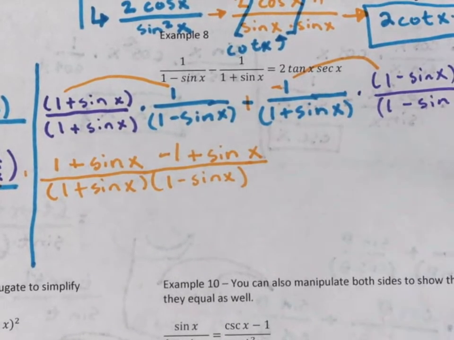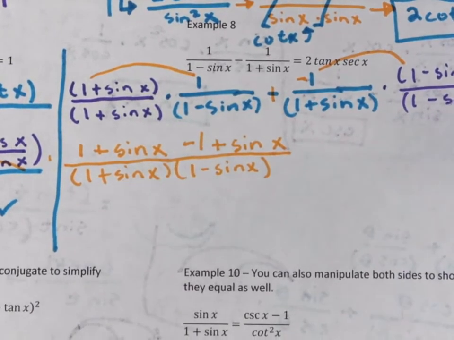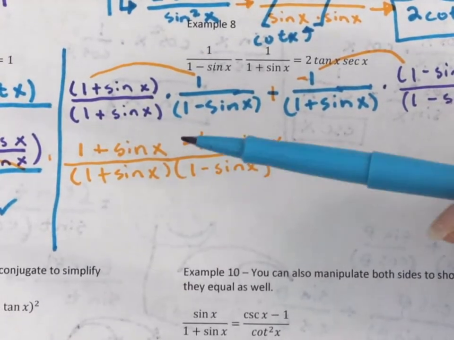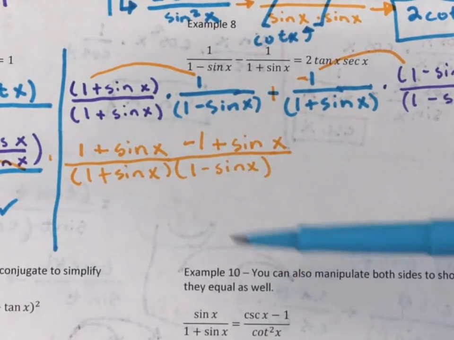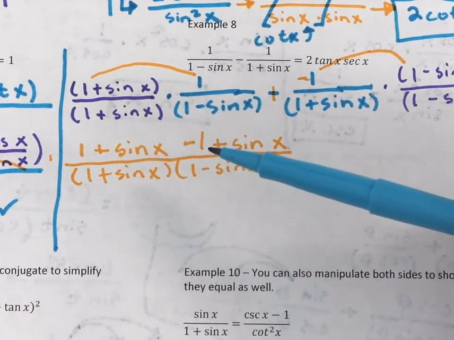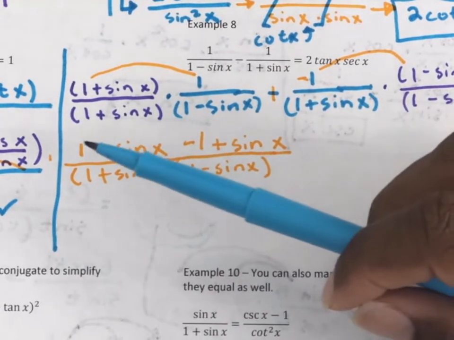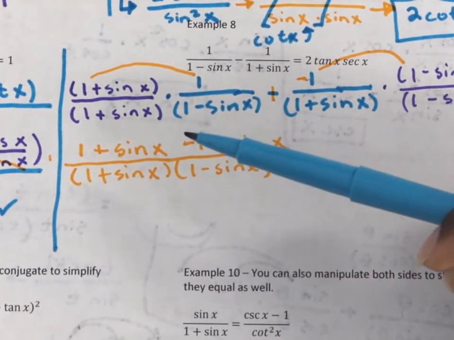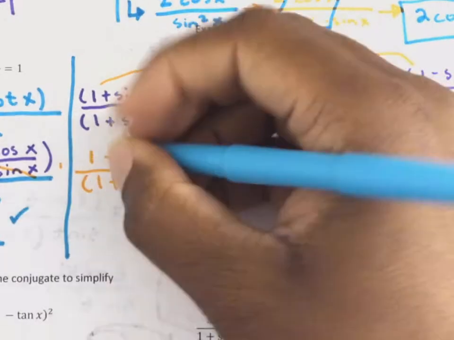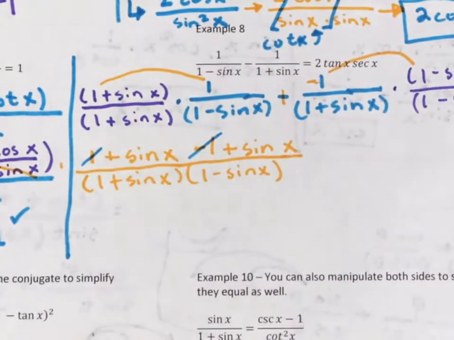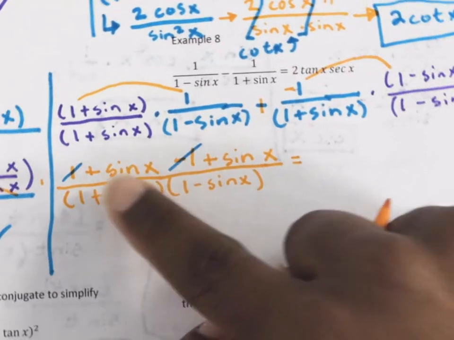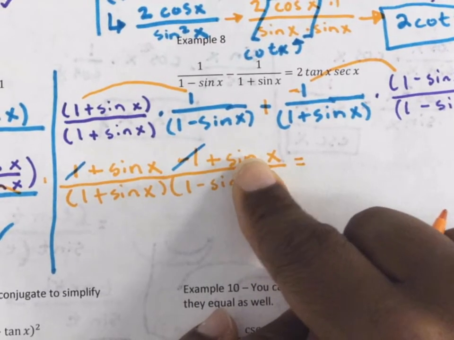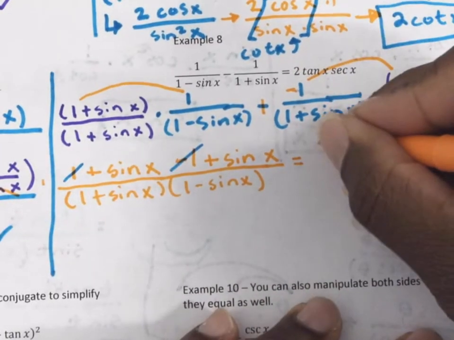Yes, I do. What about the numbers? What do the numbers come out to equal? 1 minus 1? Take away that dollar. How many dollars do you have? 0. And then how many sines do I have? 1 sine plus another sine is 2 sine x.